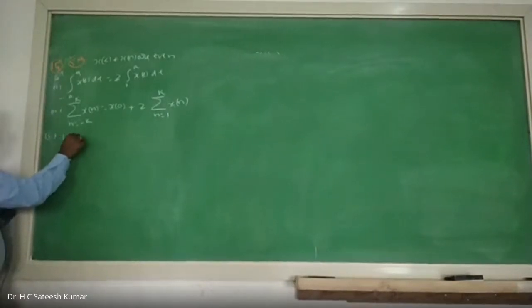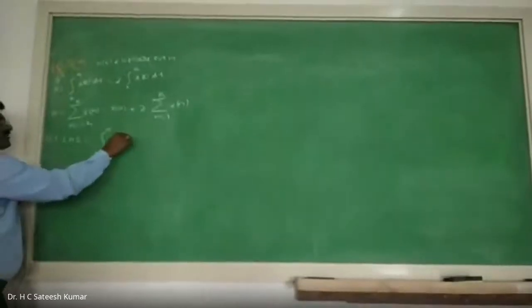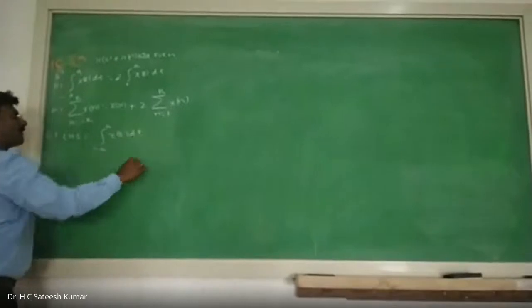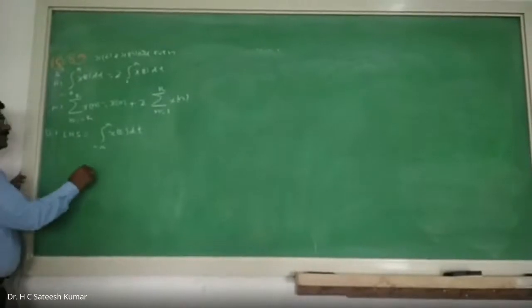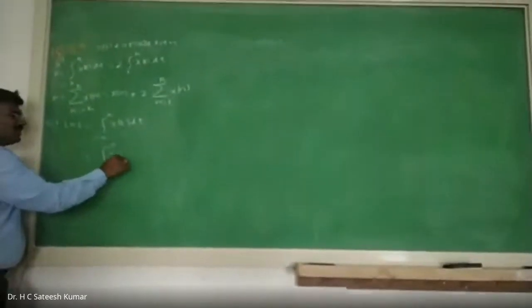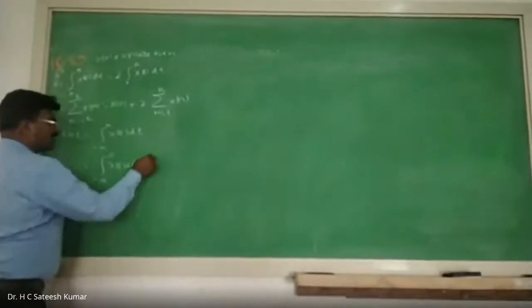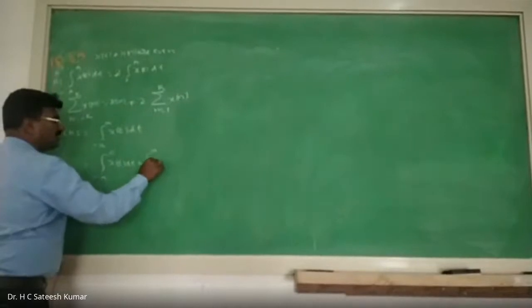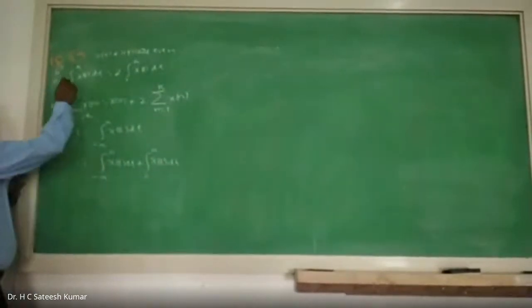Take the LHS. LHS is the integration from minus a to plus a of x of t dt. You split this integration. This can be written as integration from minus a to 0 of x of t dt plus integration from 0 to a of x of t dt.